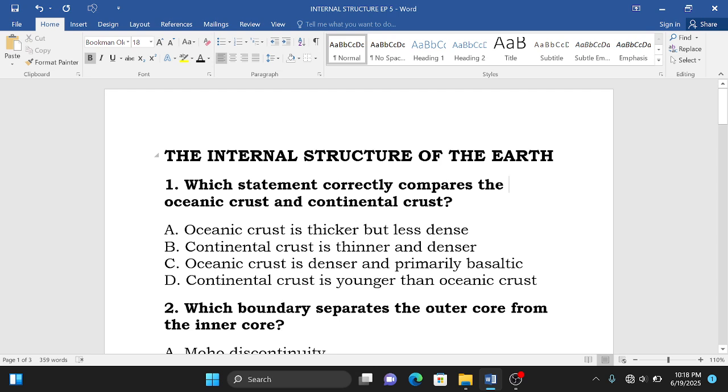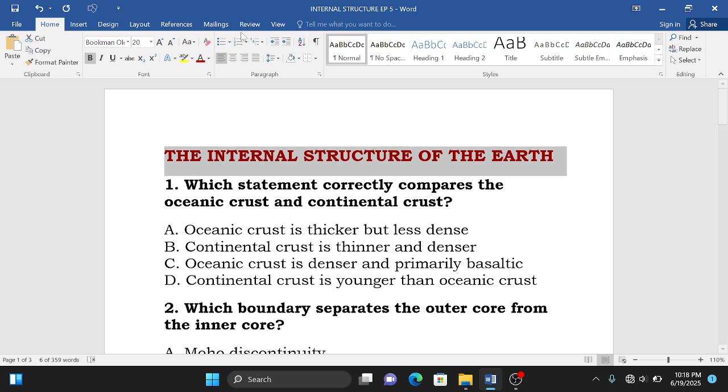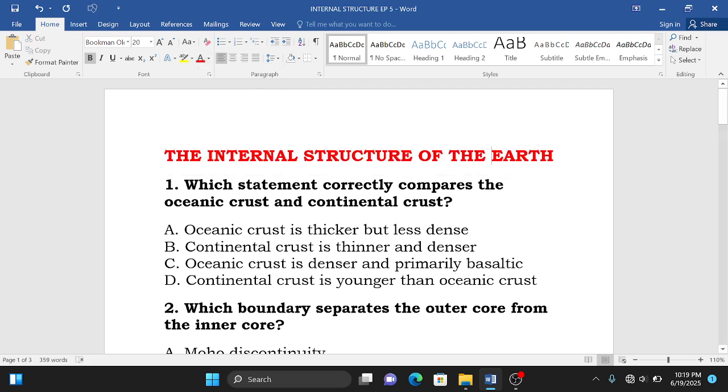So this is the fifth episode, episode number 5, and remember that we talked about different questions relating to this topic, the internal structure of the Earth.